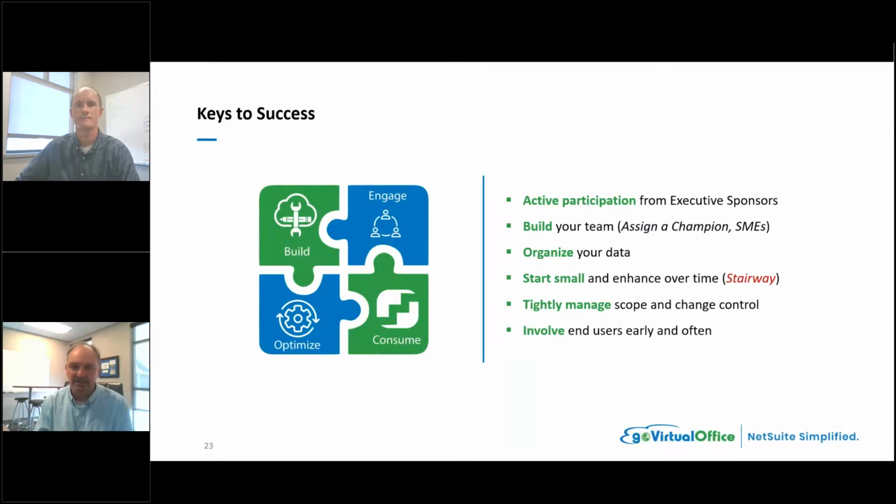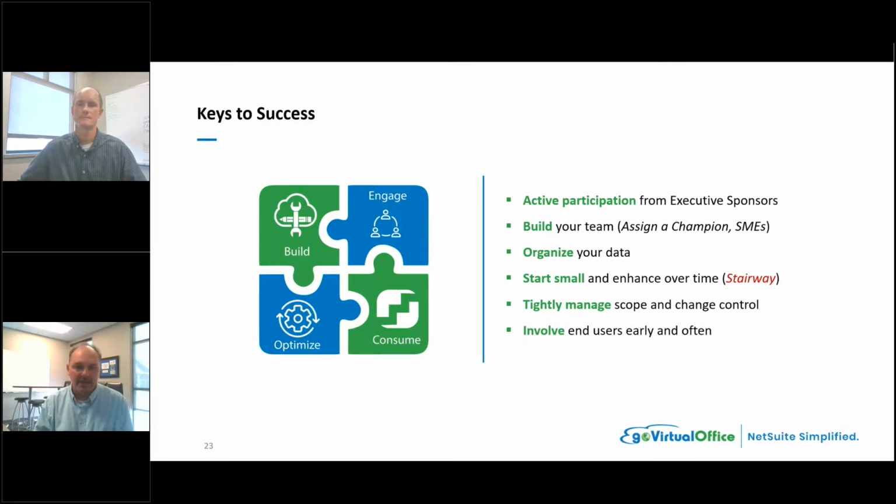You need to be organized. And then we're big believers in starting small and working your way up a stairway, rather than trying to implement everything in one big bang. Over time we've seen that approach is not as successful as asking what are those core things we need, and then moving up a stairway.